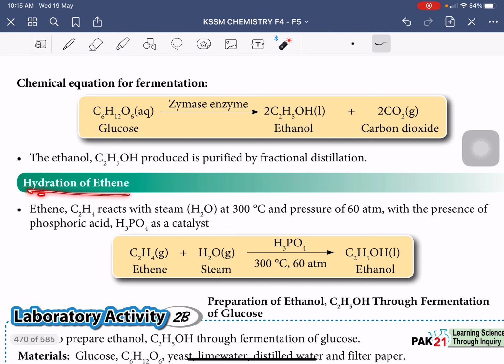The second one, how to prepare ethanol, is hydration. Penambahan air ke atas ethene. Ethene reacts with steam, H2O. Steam maksudnya this is in gas form, okay, bukan liquid. At 300 degrees Celsius and pressure of 60 atmospheres, with the presence of phosphoric acid, H3PO4, as a catalyst.